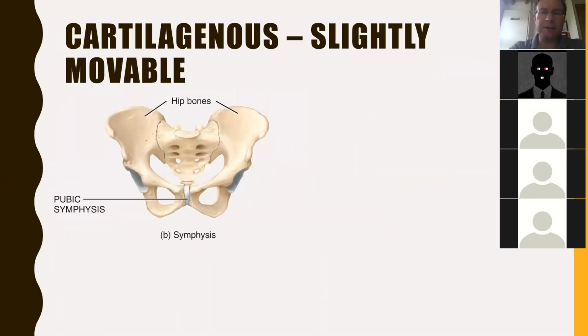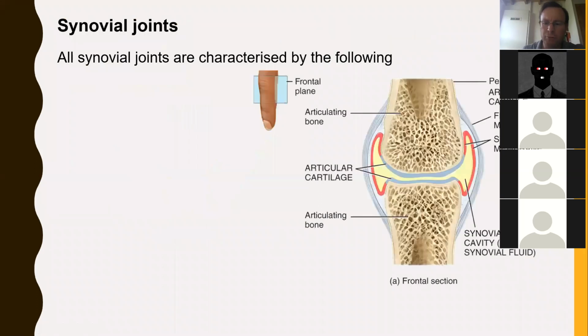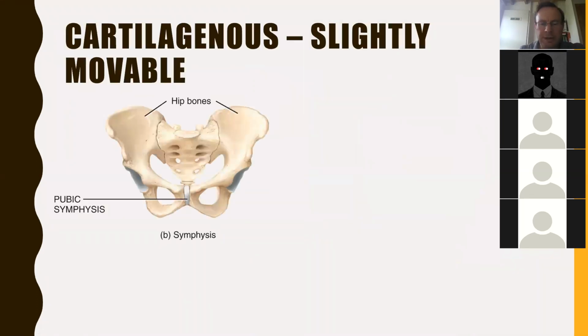So here's a cartilaginous, slightly movable joint. So again, that pubic symphysis that I showed earlier, that's this part here. So the pubic symphysis allows really, really minor motion at that pubis joint. So it's where 2 bones are separated by a disc of cartilage.